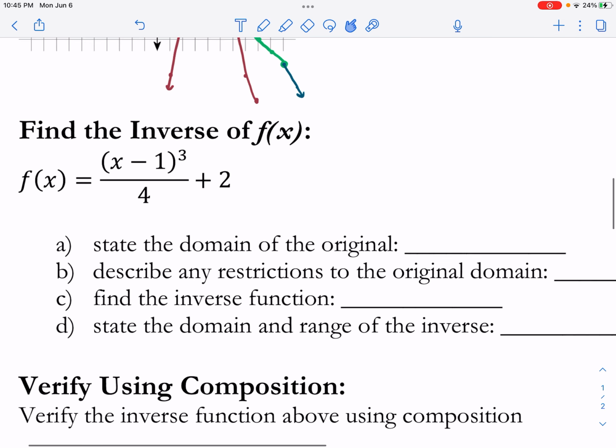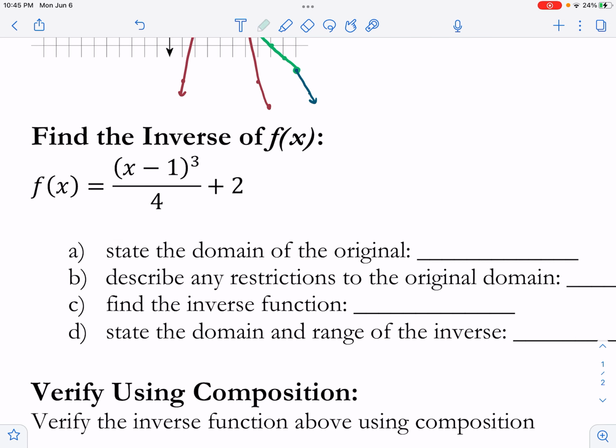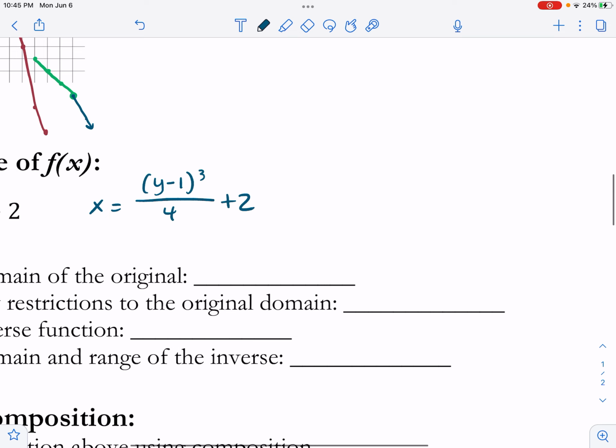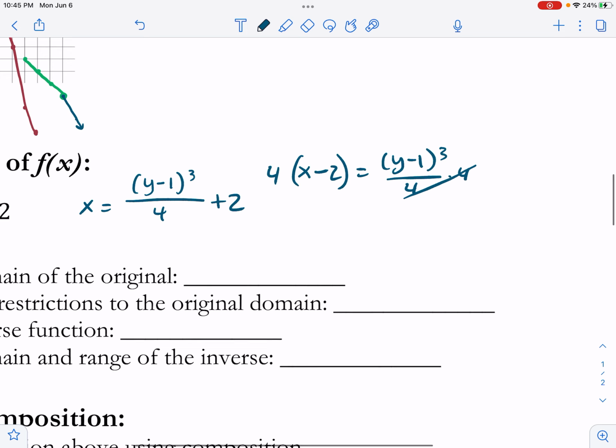For number 3, they want us to find the inverse. So for the inverse, all we're going to do is switch the x and the y. So it would be x is equal to y minus 1 cubed over 4 plus 2. So that would be x minus 2 is equal to y minus 1 cubed over 4, times 4 on both sides.